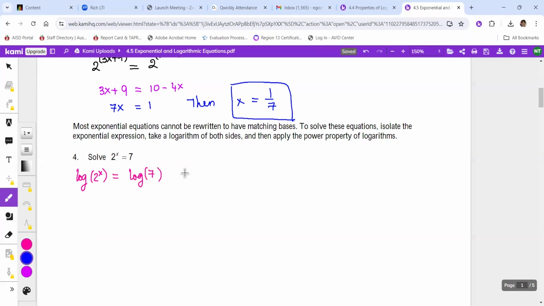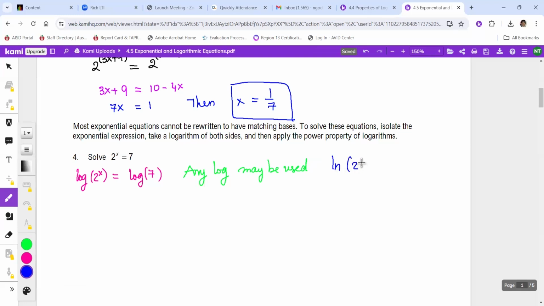And I'm going to make a quick note right here for you. Let's try with the natural log.